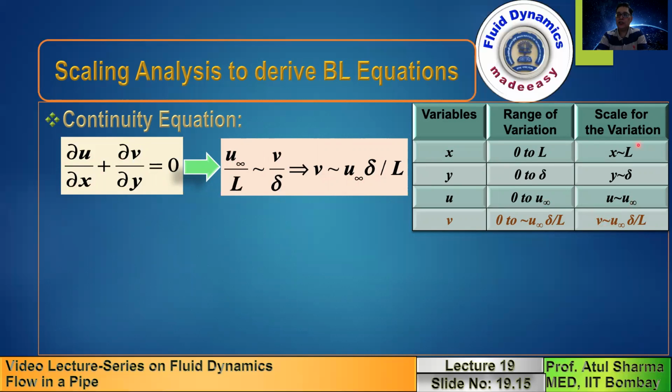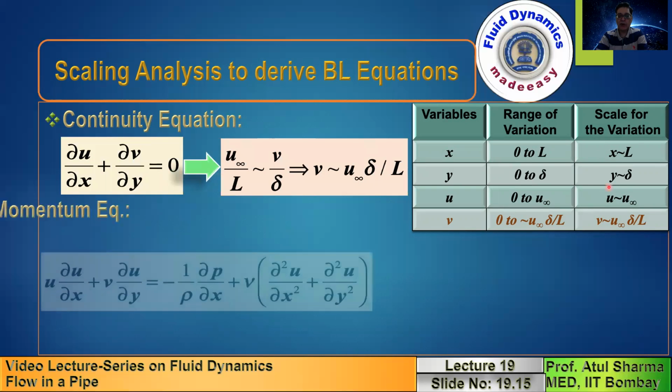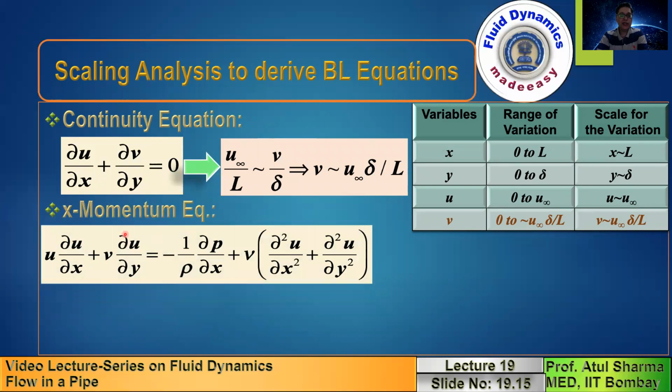Now using this order of magnitude, we'll apply it to the x and y momentum equations. Let us consider the steady state x momentum equation in a two-dimensional Cartesian coordinate system.